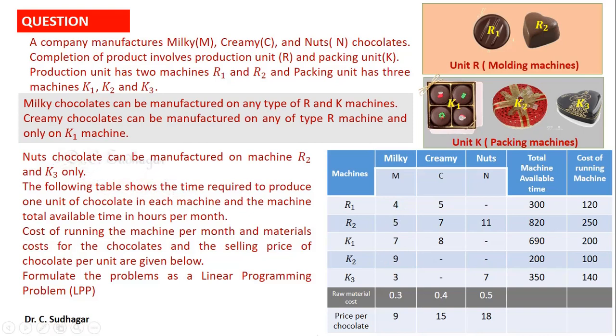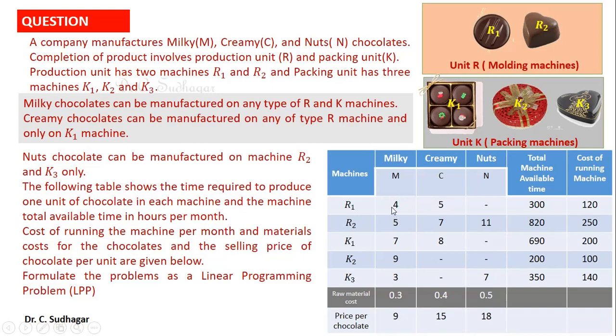If you are running this machine for 7 hours, you can make a pack of this box. Like that it is given in terms of timings. So M represents a milky chocolate. It requires 4 hours of machine R1, 5 hours of machine R2, 7 hours of machine K1, 9 hours of this machine and 3 hours of this machine.